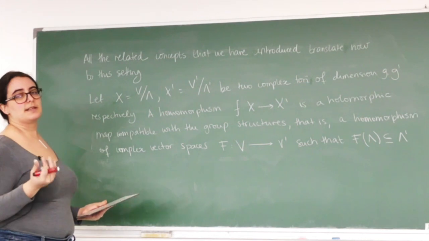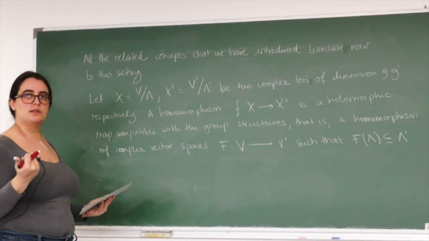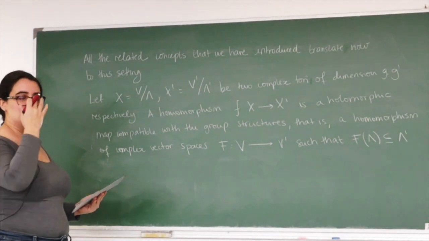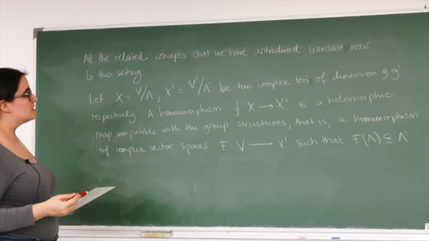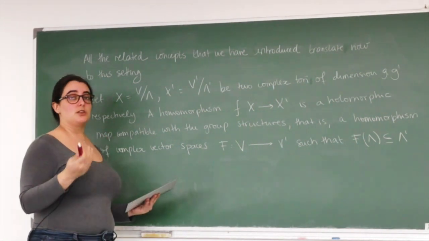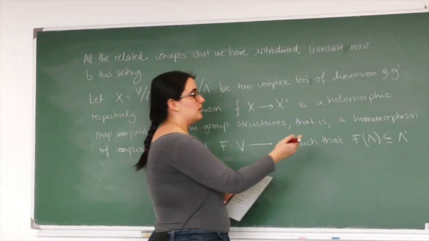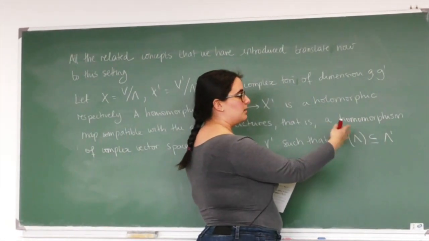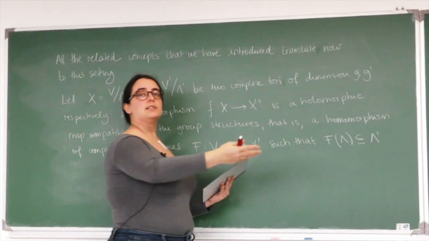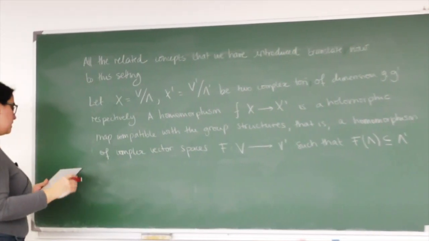If you remember the example of the homomorphisms in the dimension 1 complex tori case, what we had was just complex numbers, such that when you multiplied the lattice by that complex number, you fell inside the lattice of the second complex torus.